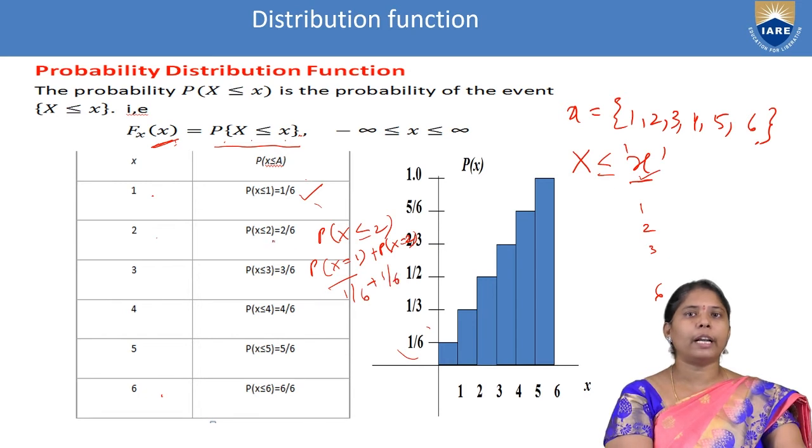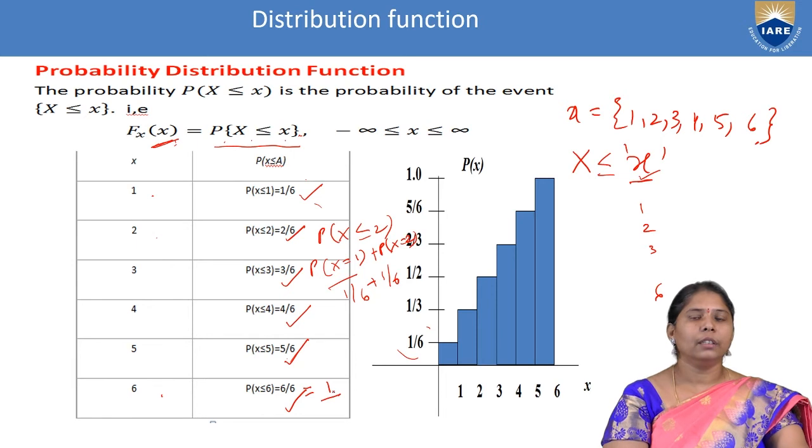So we get probability of X less than or equal to 2 as 2 by 6. Like this, X less than or equal to 3 is 3 by 6, X less than or equal to 4 is 4 by 6, X less than or equal to 5 is 5 by 6, X less than or equal to 6 is 6 by 6. So the final value of the distribution function is 1. So this is the distribution function.